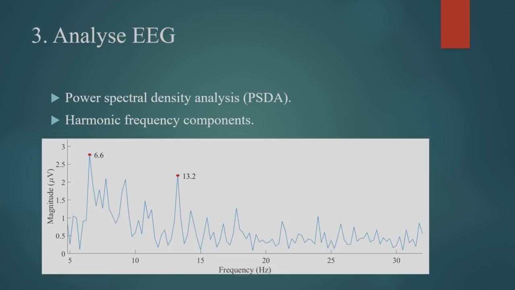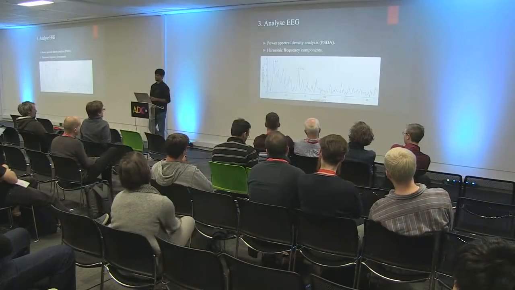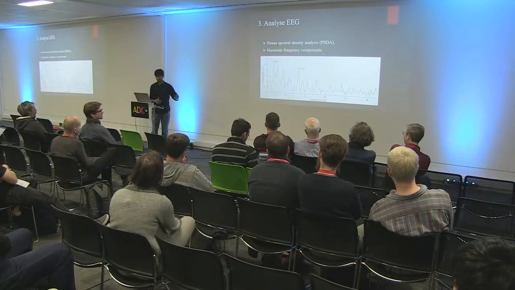But in EEG, the SNR is very poor. And so instead of simple PSDA, alternative signal processing techniques such as statistical signal processing techniques have been proposed in BCI research, and I'll be talking about that in the next slide.